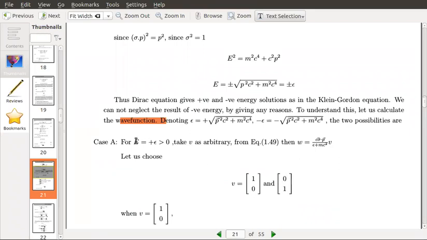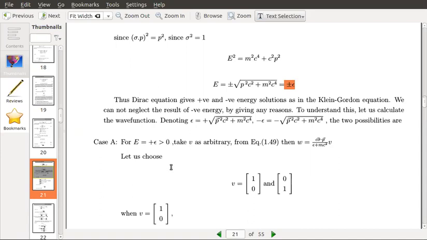First you take total energy as positive, then we will take the negative case. So first you take E equal to plus epsilon. We have two options, plus epsilon and minus epsilon here. So first take the plus epsilon, E equal to plus epsilon, so that is greater than zero, which is positive.